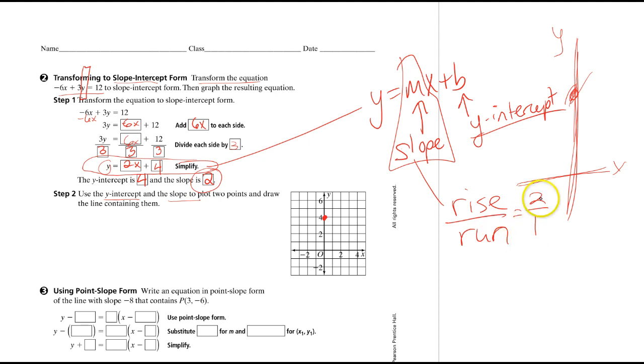So I always am moving to the right as I travel up or down. So whatever sign this has, positive is up, negative is down, the run is always moving to the right. So from this point, I go up 2, 1, 2, and over 1. So there's my next point. Up 2, over 1. Got it.